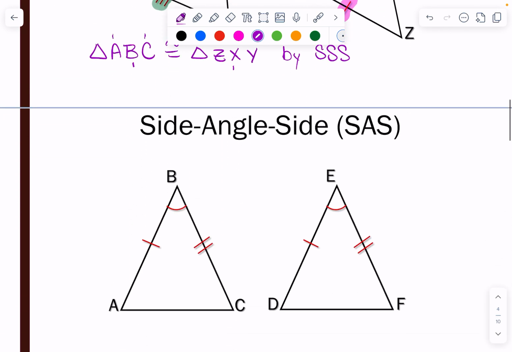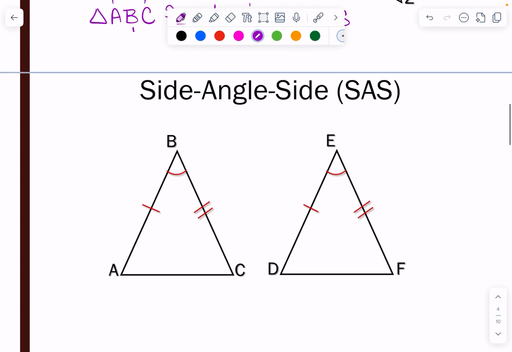Okay, let's go to the second one we're going to talk about today. This one is called side, angle, side. So again, we know that one pair of our corresponding sides are congruent. We know that a second pair of corresponding sides are congruent. Now, on this third one, this one is so important. The angle between those congruent sides, we call that an included angle.